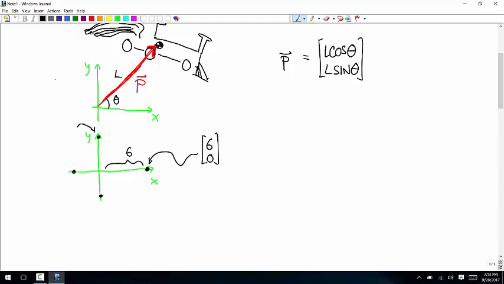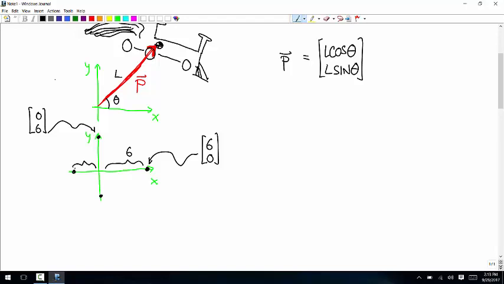But if this is 6 away from the origin, you have to think about it as the coordinates of that point. If this distance is 6, you don't have to go anywhere along the x-axis. You just have to go 6 in the positive y direction. So this would be 0, 6.